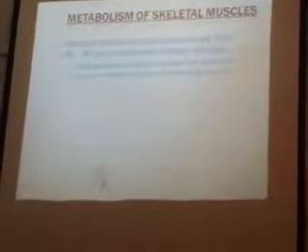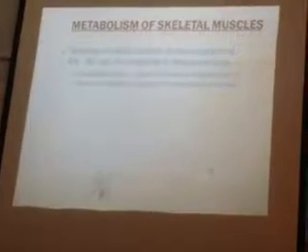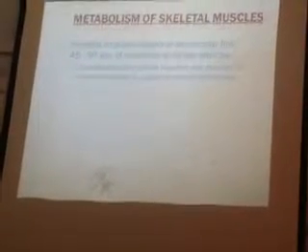Here the cardiopulmonary system requires this amount of time to increase the oxygen supply to the exercising muscle after muscular contraction.